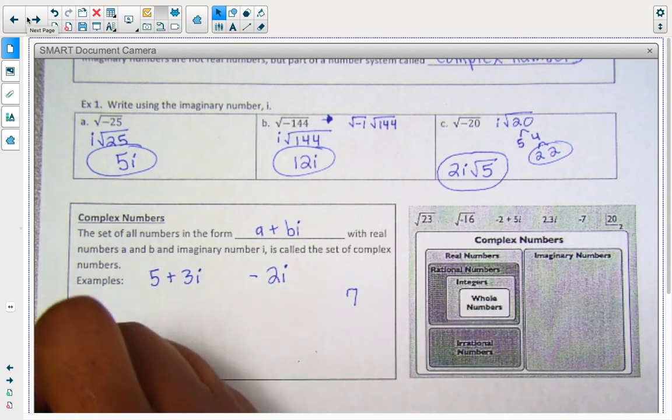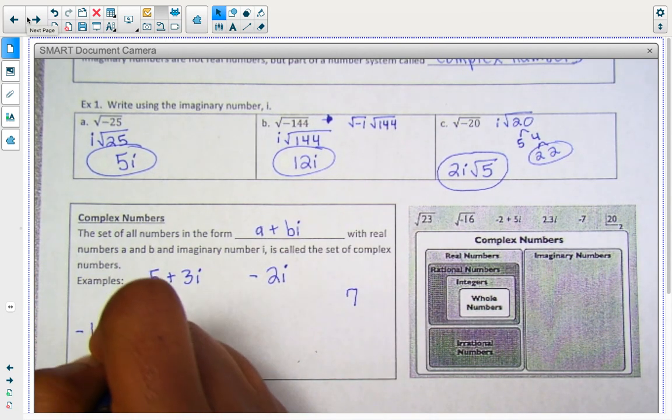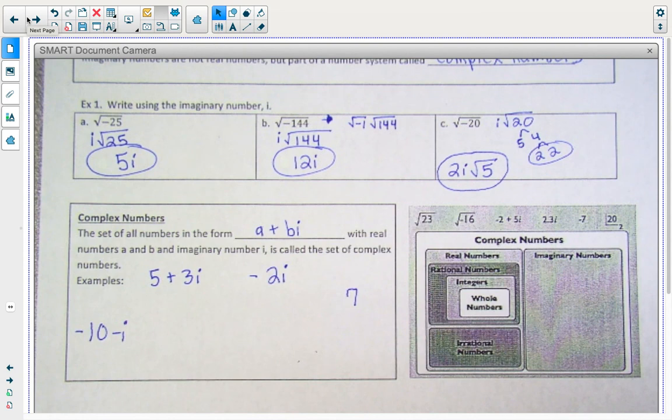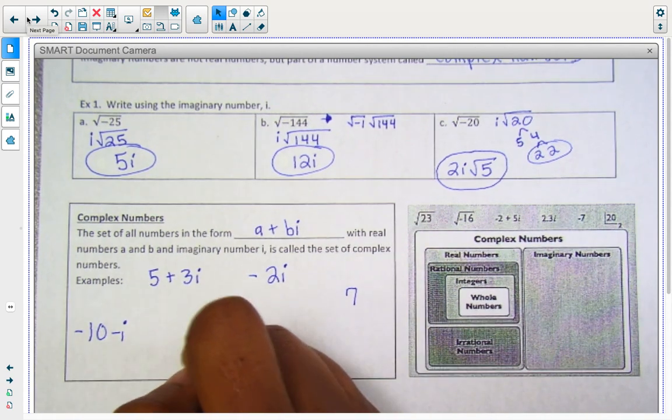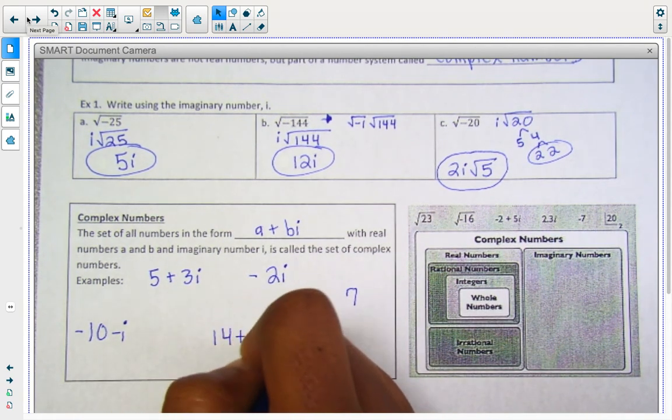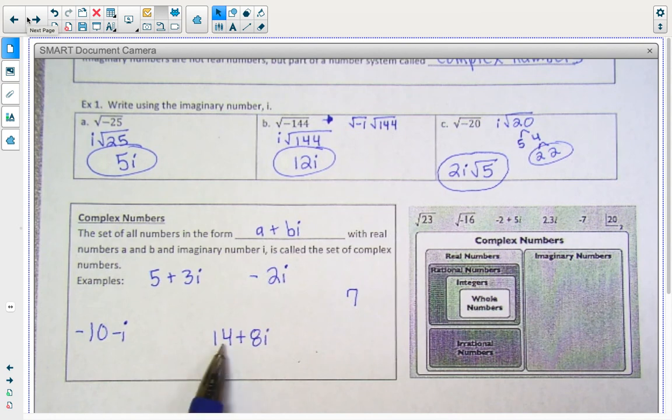Next, another example would be negative 10 minus i. So negative 10 minus i has a real part and an imaginary part. And one more example, 14 plus 8i. I have a real part and an imaginary part. So these three numbers have a real and imaginary section to them.